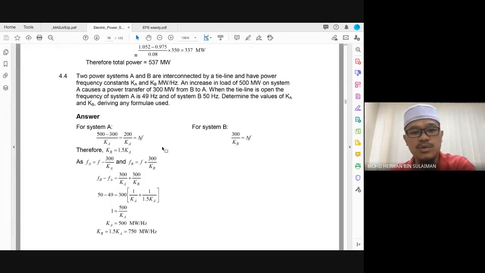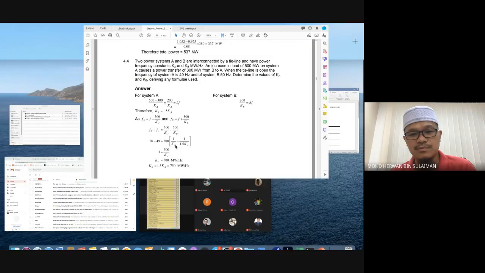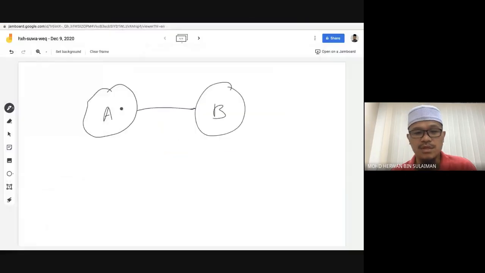For system A, we have two power systems A and B interconnected by a tie line and have power frequency constants Ka and Kb in terms of megawatts per hertz. You have Ka and Kb here, and one is your tie line.